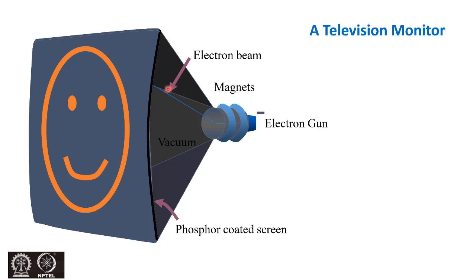The magnets help to point the beam at a certain position, and it occurs in vacuum because we do not want any interaction of the electron with air. If it interacts with the air, it will get deflected in all the directions, and we are not able to get a very highly pointed or focused beam. So that's why we have to use this in vacuum. And then we have a screen, which is a phosphor coated screen. So this displays our image.